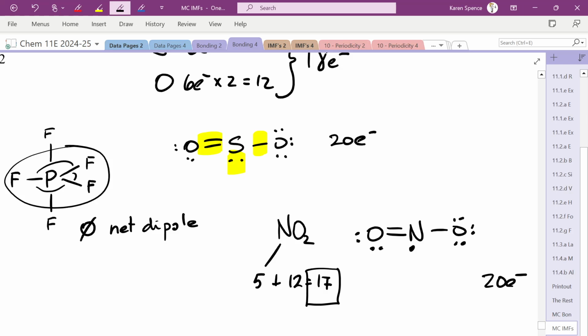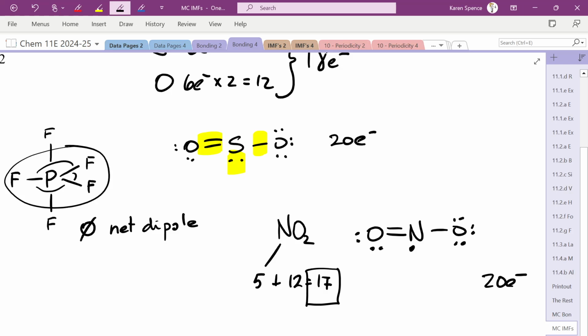Okay? And you can look at the formal charges if you want to say, would it be more stable to have that single electron on an oxygen, or would it be more stable to have that single electron on nitrogen? Nitrogen is less electronegative, so it's better for it to be electron deficient than oxygen. Oxygen is more electronegative, so it will not be as likely to be electron deficient.